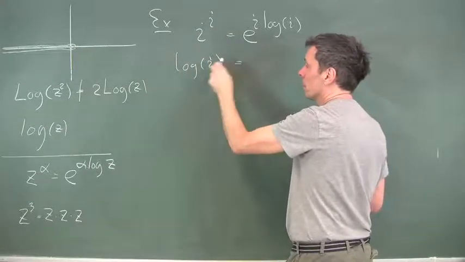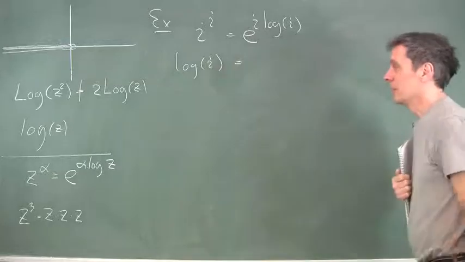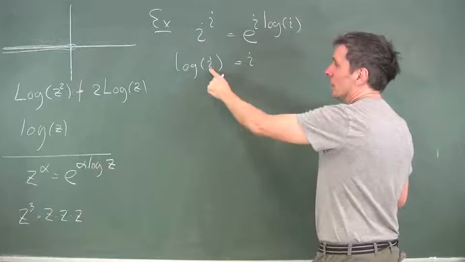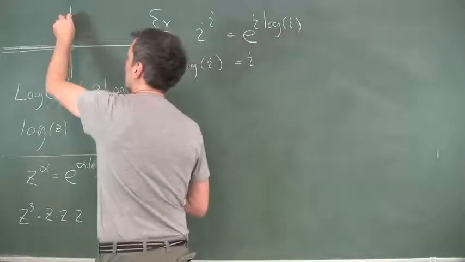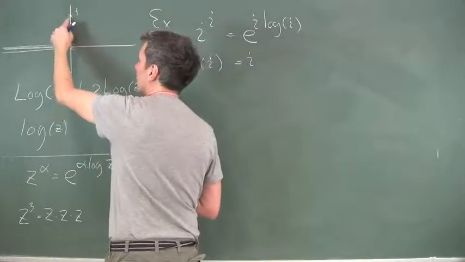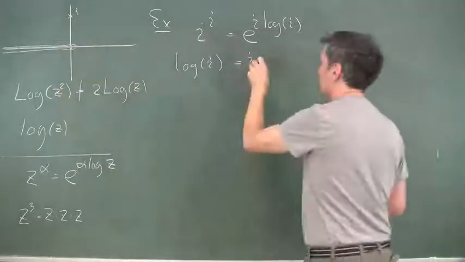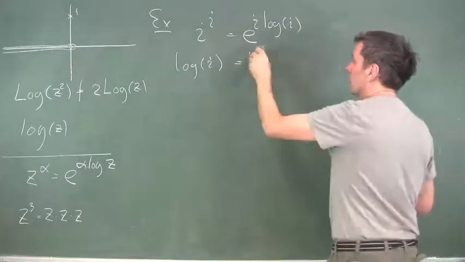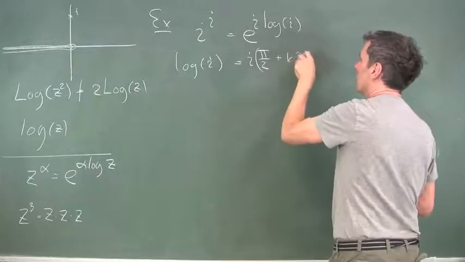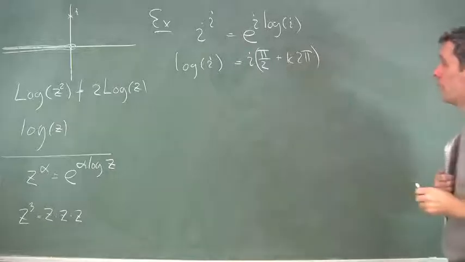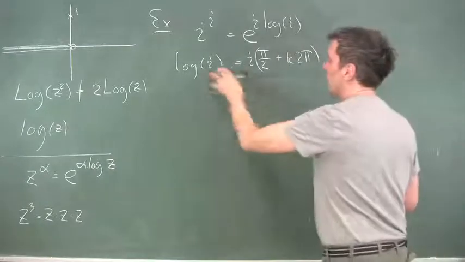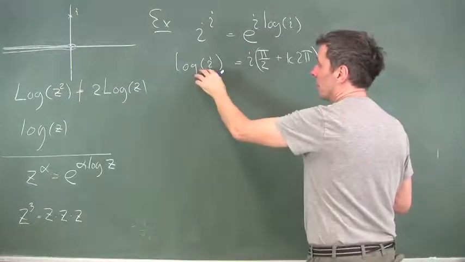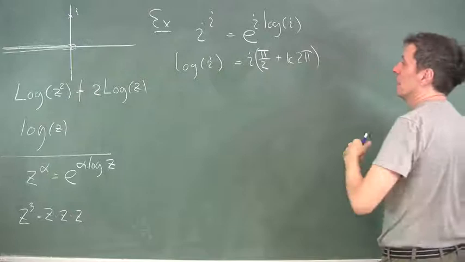So the real part of this expression is 0. But then you have the imaginary part, and if you take here the point i, we see that the argument will be, for example, pi divided by 2. But we can also add any integer multiple of 2 pi. So these are the possible values of this multi-valued logarithm function at the point i.